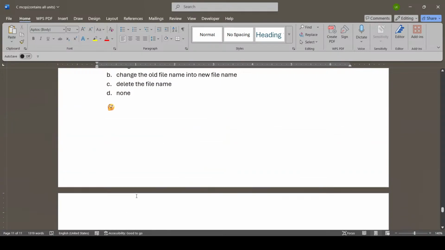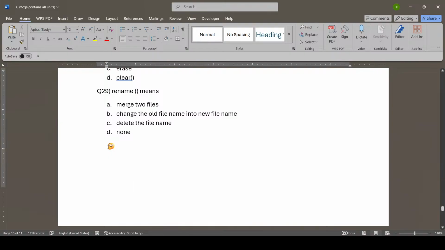Let me think there. Question 30. I think it will be the last one. Sorry. Question 30 is there. If the file pointer is returning as null, it means a file opened.